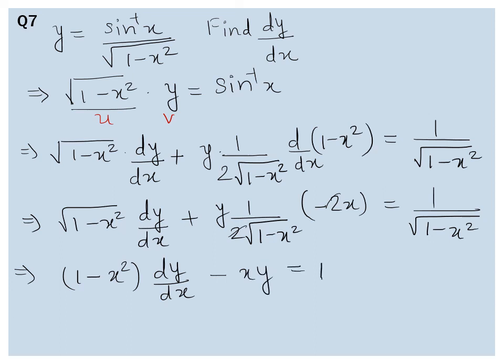What we want is dy by dx, and therefore dy by dx equals 1 plus xy divided by 1 minus x square. So this is the result.